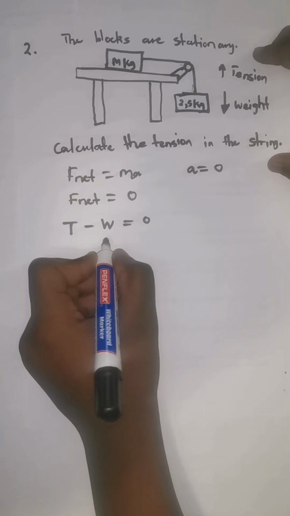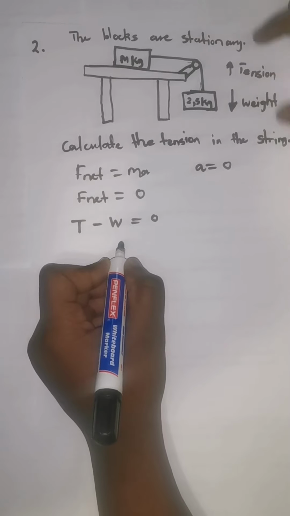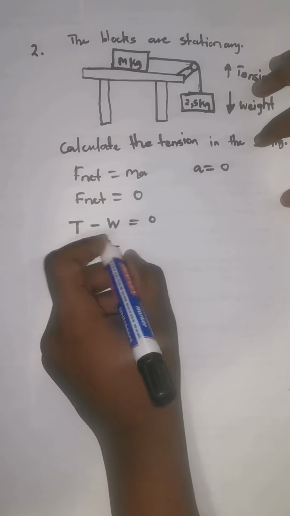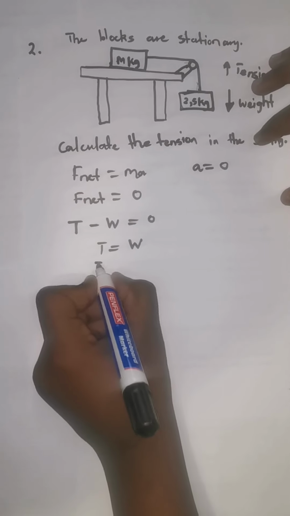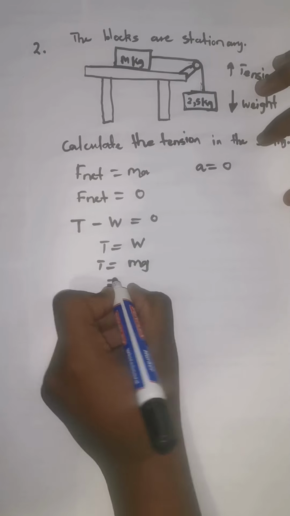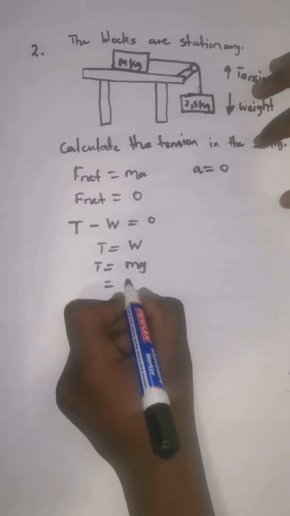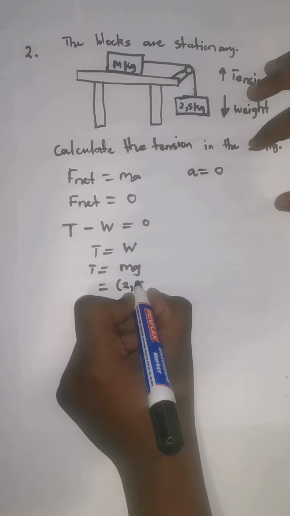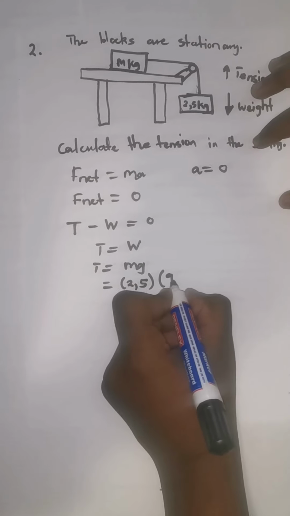So this simply means that since the blocks are stationary, our tension will be equal to weight. So the tension will be equal to mg. Weight is equal to mg, right? And then m is the mass, which is 2.5, and g, which is 9.8.